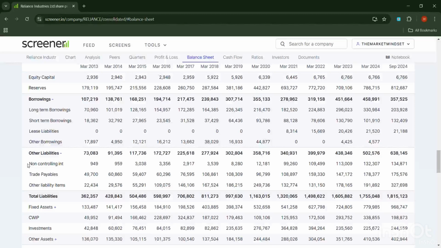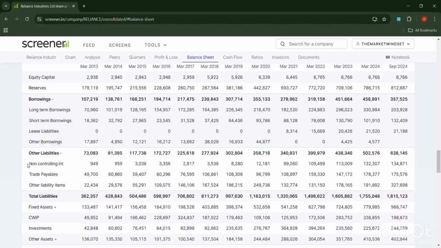To tell you in simple words, let's take the example of Reliance Industries and its subsidiary Reliance Retail. So, Reliance Industries owns 85% of the Reliance Retail business, whereas the remaining 15% is owned by the non-controlling interest, or I can say the minority shareholders.